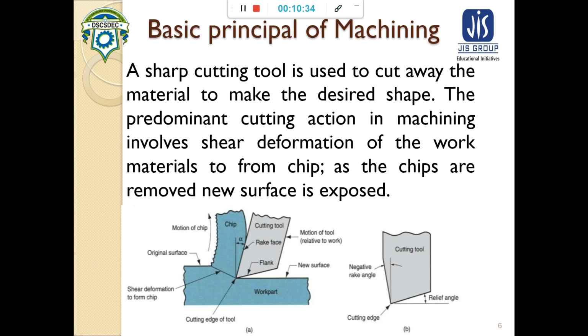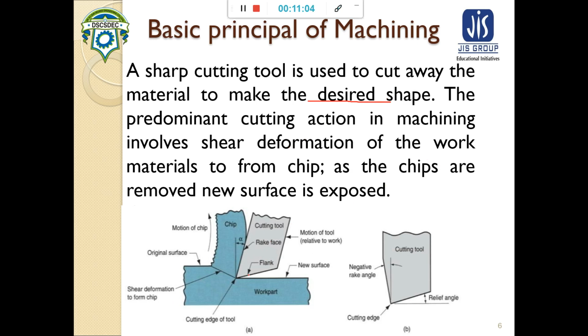I have said a wedge-shaped tool or sharp tool is there. That sharp cutting tool is used to cut away the material to make the desired shape, and the main cutting action involves plastic shear deformation of the work material in the case of cutting of metal.